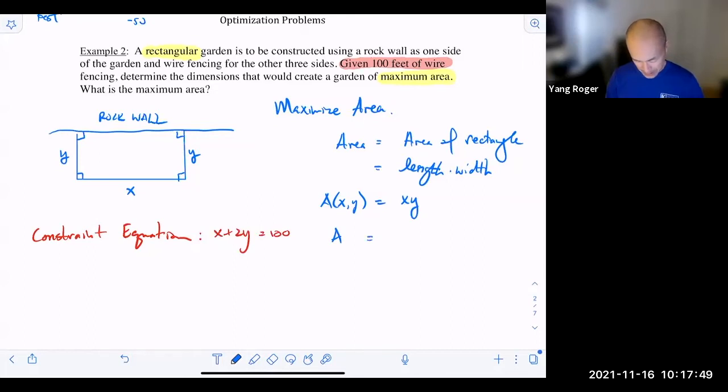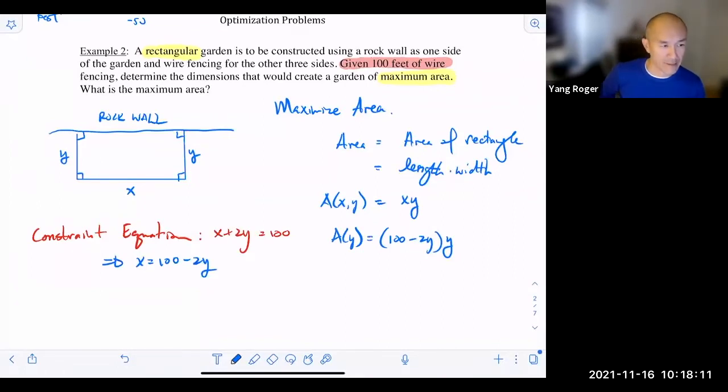So I'm going to rewrite this as x is equal to 100 minus 2y. And then I'm going to have 100 minus 2y times y like this. And this is A of y. Does that make sense for everybody? Are there any questions?